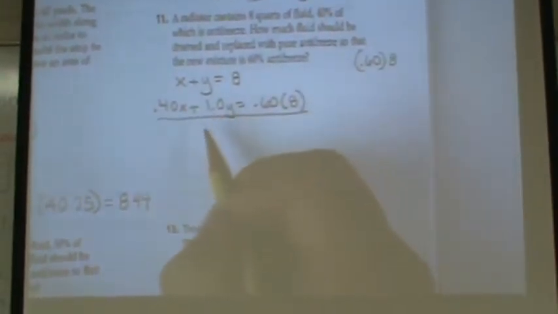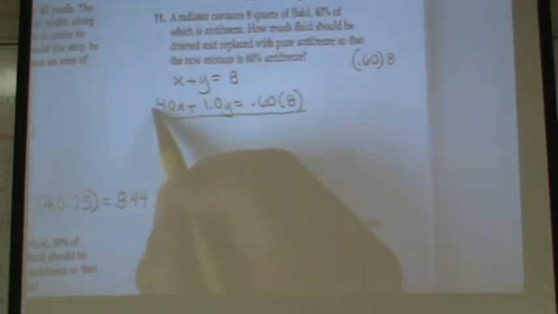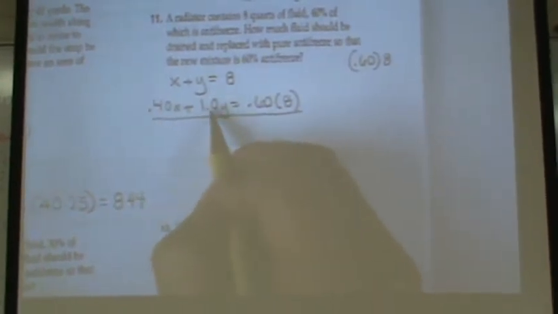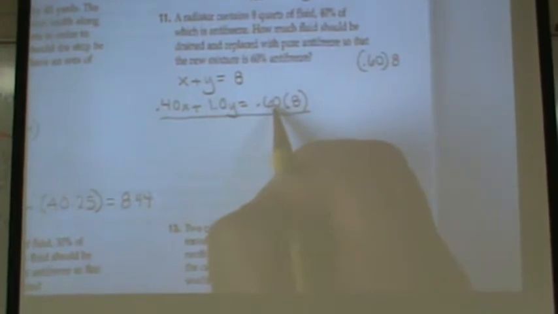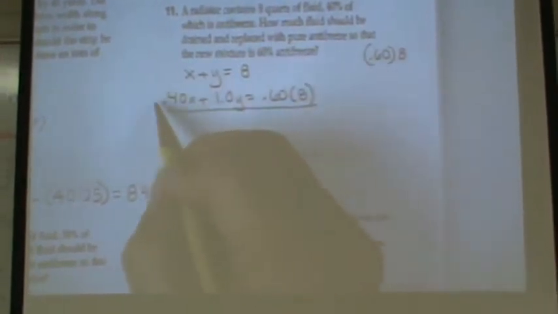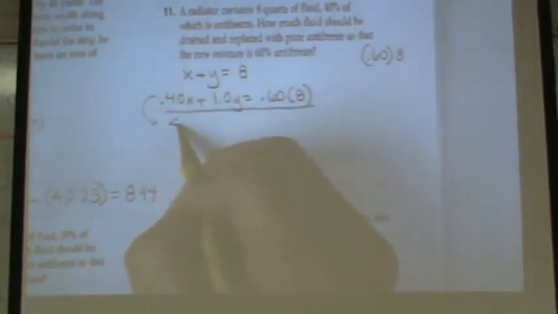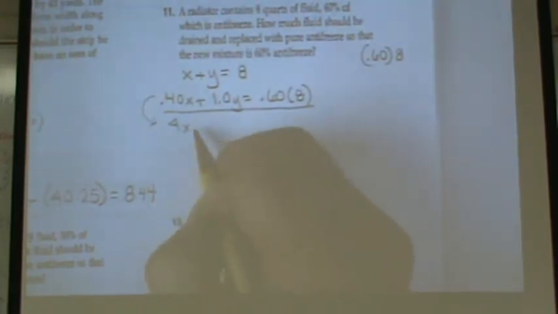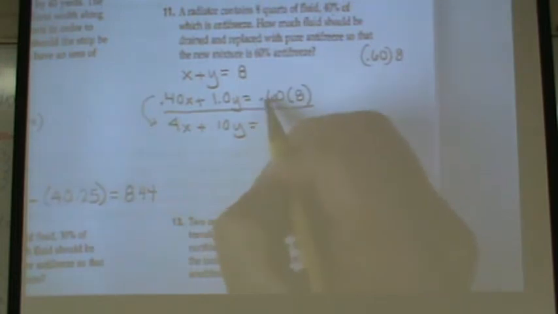Those are your 2 equations, and you can solve them any way you would like. I like to get rid of my decimals. I would move this one over 1, make that a 10, and make that 6. So I would turn this equation into 4x, multiplying everything by 10, plus 10y is equal to 6 times 8, which is 48.